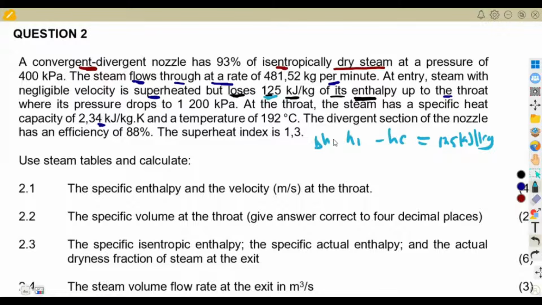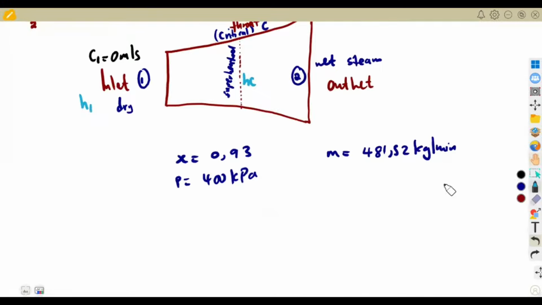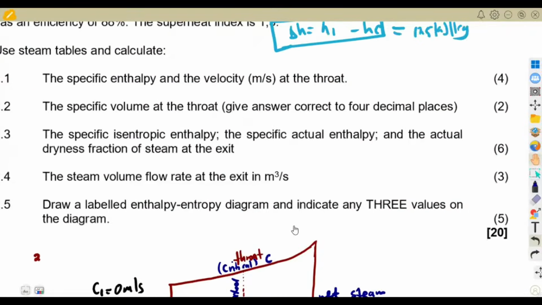So we are simply talking about the change in enthalpy, from H1 to HC, because there can be a change in enthalpy from H1 to H2, but this one is up to the throat. We are given this as 125 kilojoules per kg.